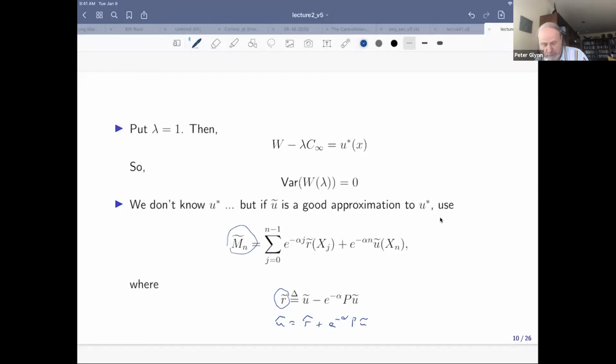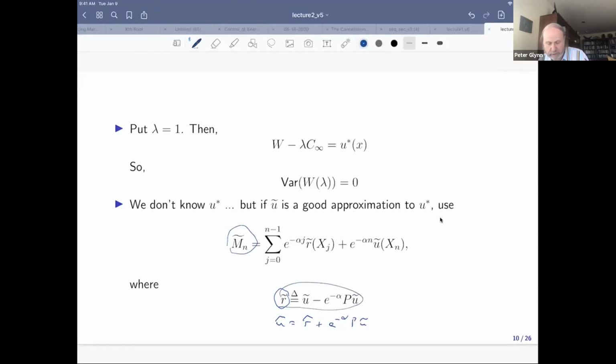Which means in particular that the u tilde function can again be viewed as the infinite horizon expected value discounted against rewards that are no longer given by the original rewards r of x, but are given by these modified rewards r tilde of x, where r tilde is given by this quantity.